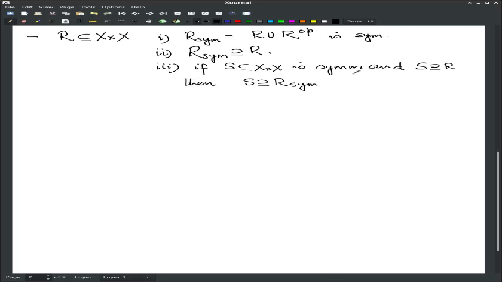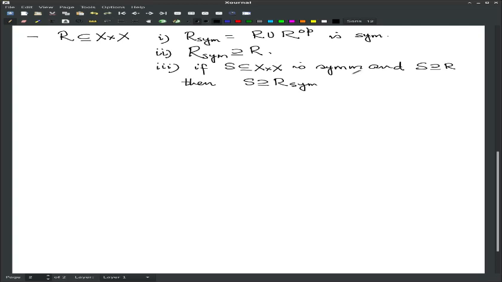Right? So if you can show this, then you can say it. Do you get the feeling? How do you say that something is the smallest with this property? So R sim is the smallest equivalence relation on X which contains R.